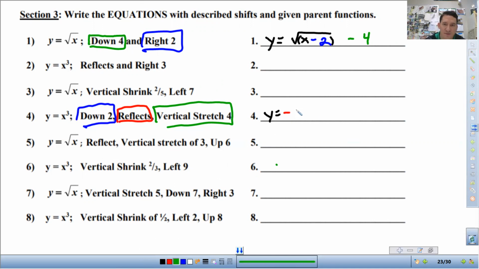The vertical stretch of 4, we put a 4 out in front, down 2. Since there's not a horizontal shift, I don't need parentheses, just x cubed. And then the down 2 is going to be -2 at the end. All right. I think you guys are probably good on the rest of those. Those should be pretty quick.